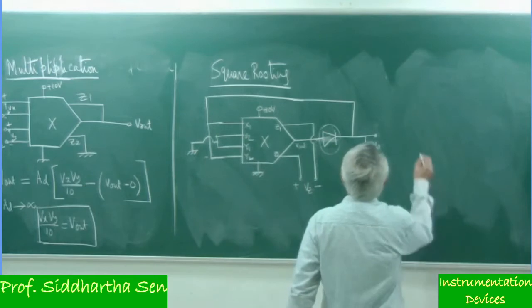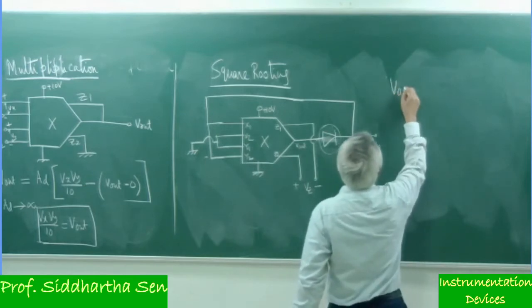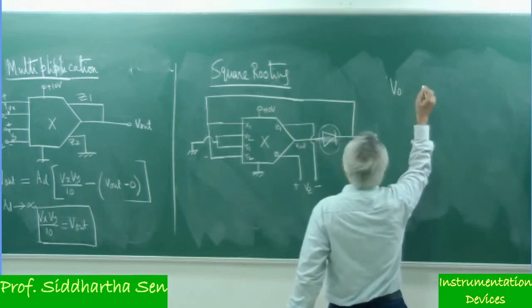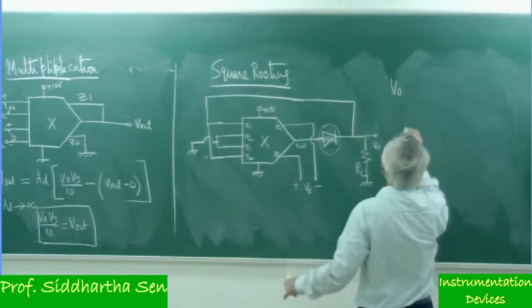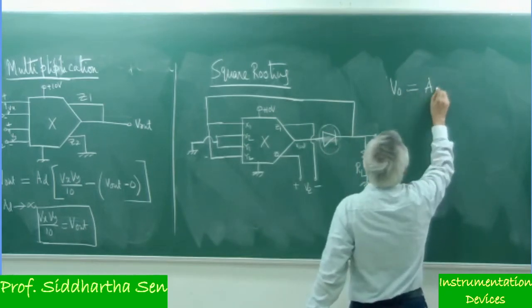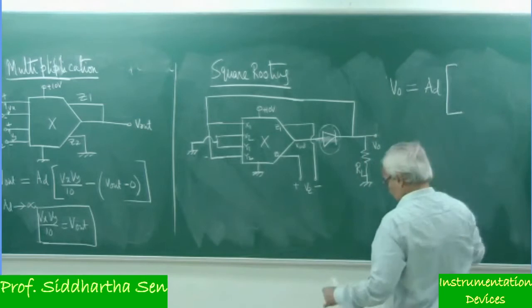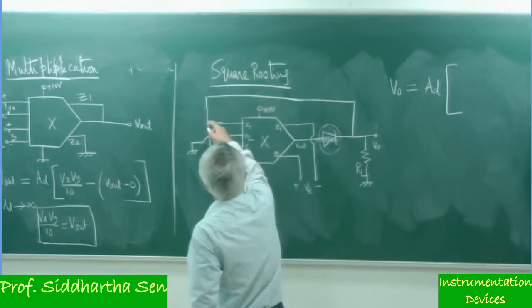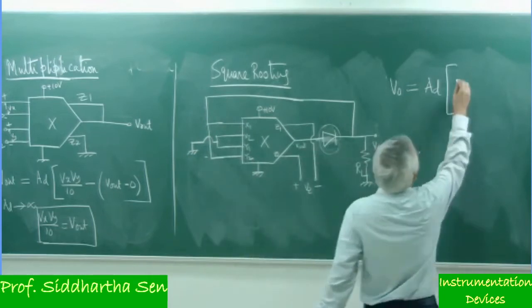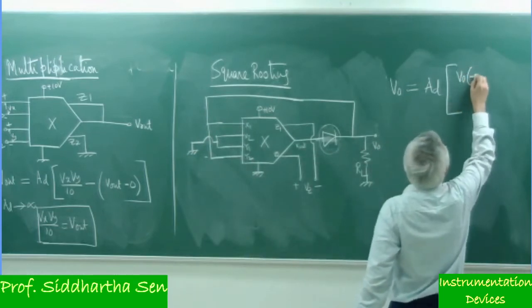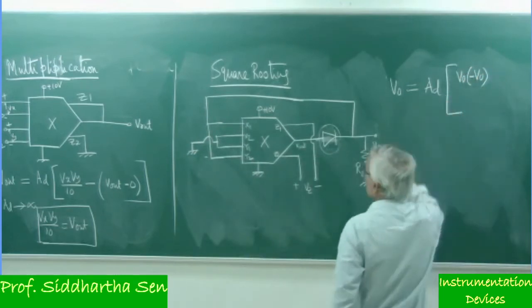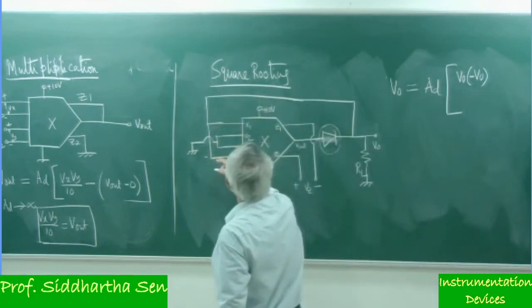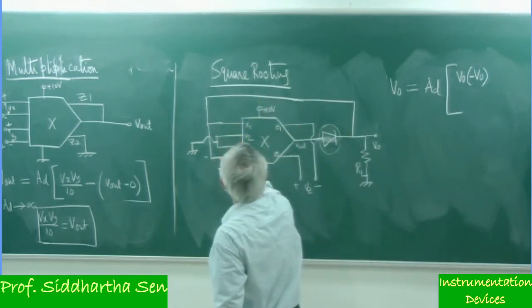So in this case, what is your V0? V0 is equal to AD into, what is there? Here you see the same V0 is coming. So V0 into minus V0, because you are connecting between X1 and X2.